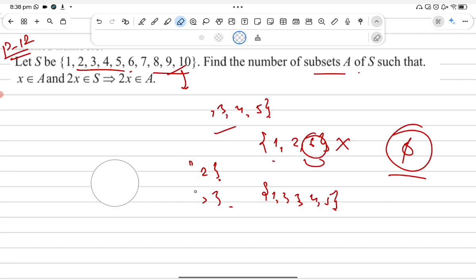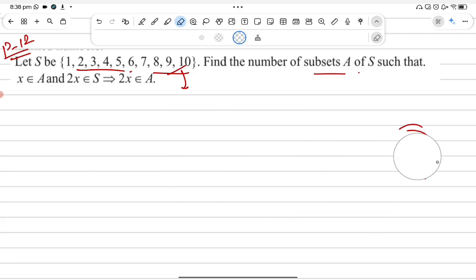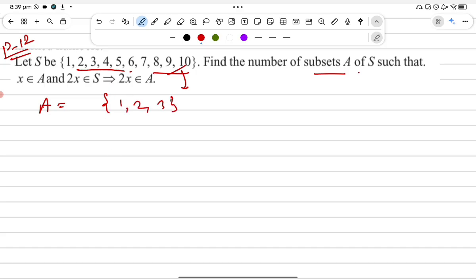So the condition here is very interesting. It says if X is an element of A, so there's some set A. Let's take any set. Forget the problem for now. Let's take any set, 1, 2, 3. We're saying if X belongs to A, any of the elements, let's choose X equals 2.